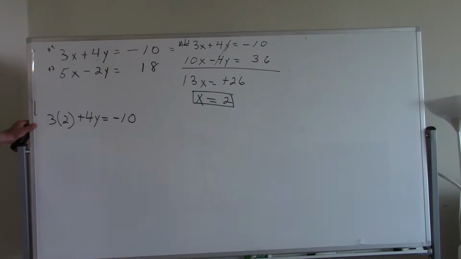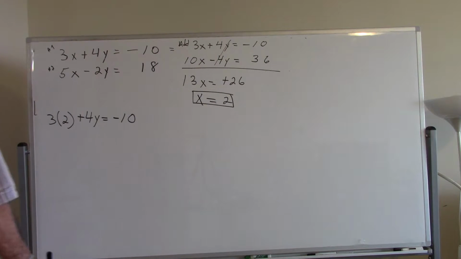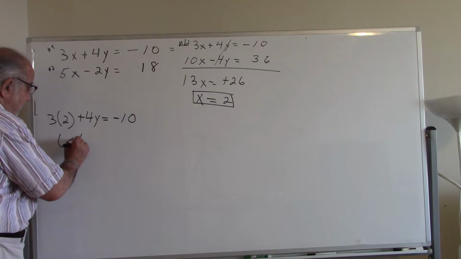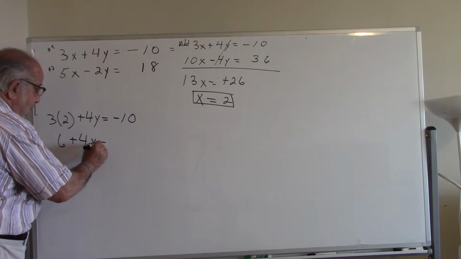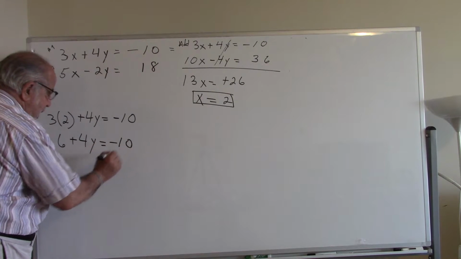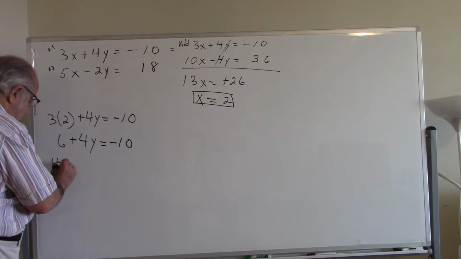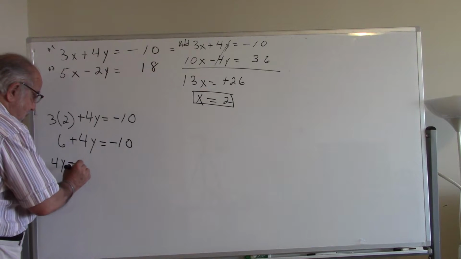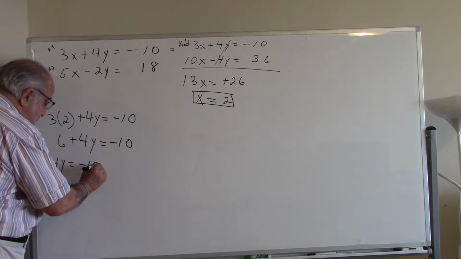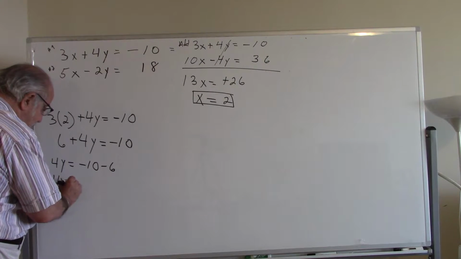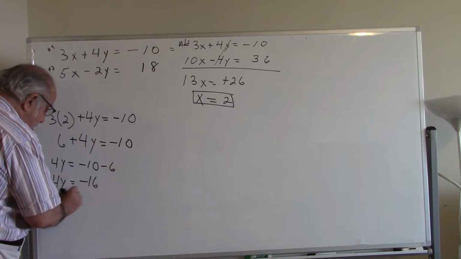Six plus 4y equals minus 10. 4y equals minus 10 minus 6. 4y equals minus 16.